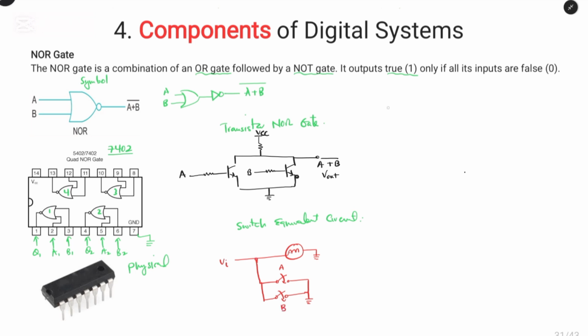Now we will look at the truth table. When we talk about the combination, we have 2 to the power 2 inputs, so we have 4 combinations. Therefore we have A, B, and we have A plus B bar. So we can draw with respect to the 4 combinations. We can have 0, 0, 0, 1, 1, 0, and 1, 1.